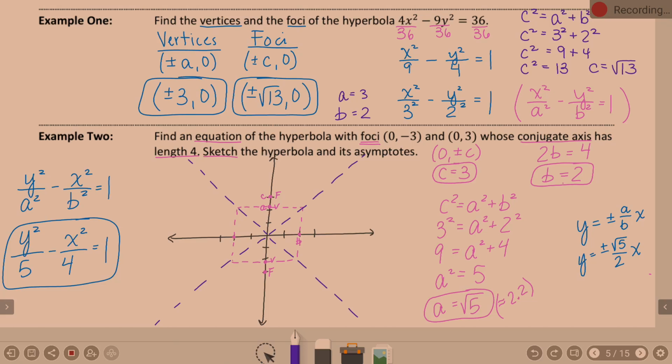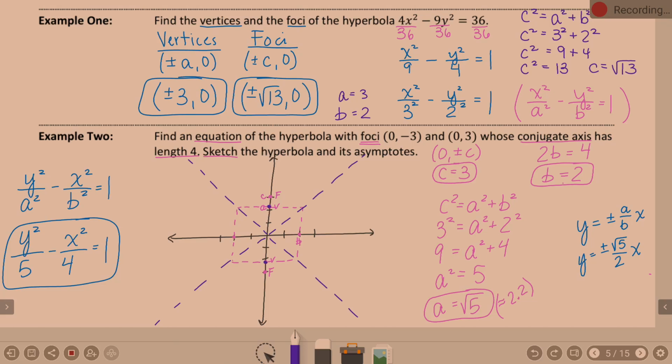Now that I have the appropriate asymptotes, I can draw my hyperbola. This was a right column hyperbola, so which way is my hyperbola going to open? Up and down. And where does my hyperbola go through? It goes through the vertices. Remember your A values?